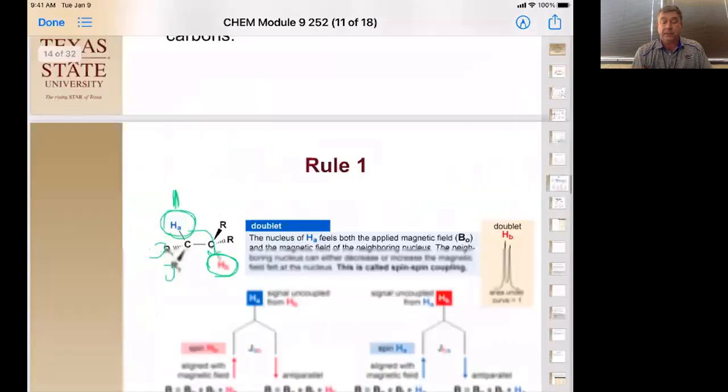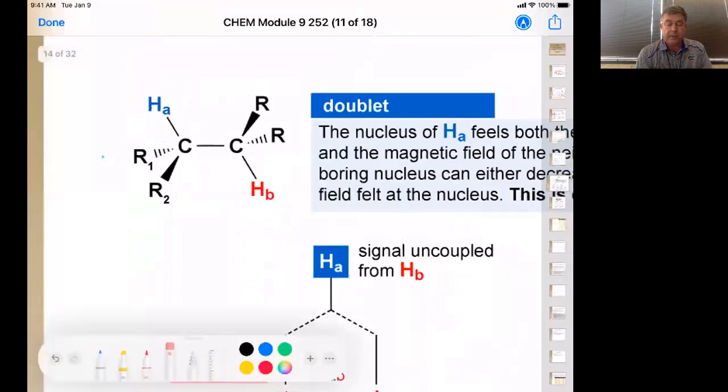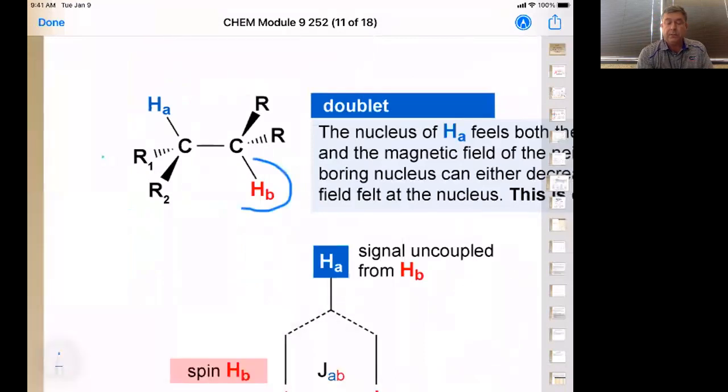So let's play with this rule. Let's look at this example here, and we have R groups. We're going to say these R groups are different than these R groups here, so they're going to be different hydrogens. This peak gets 1 for itself, and it has 1 hydrogen next to it, so N is equal to 1.